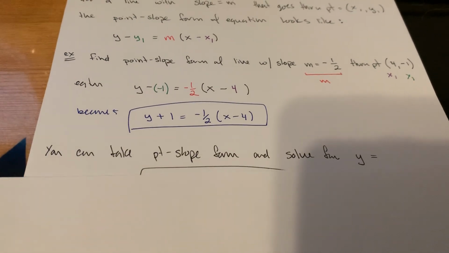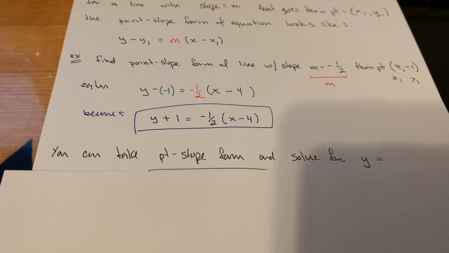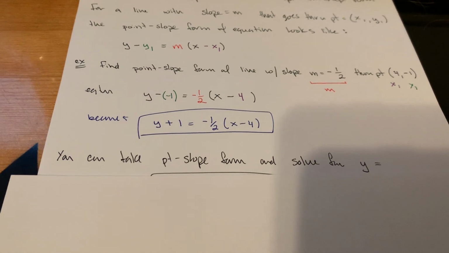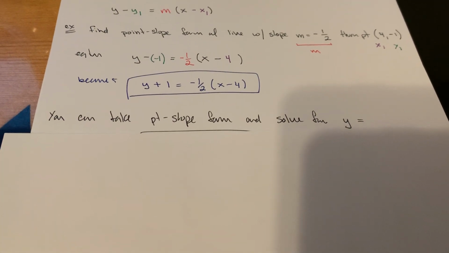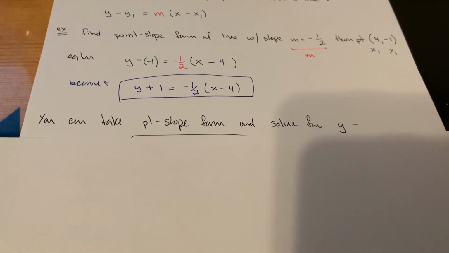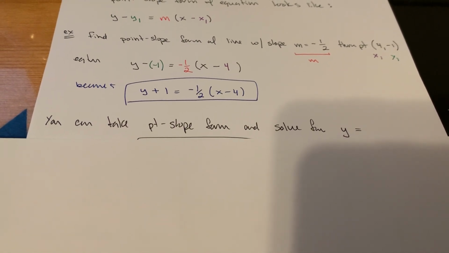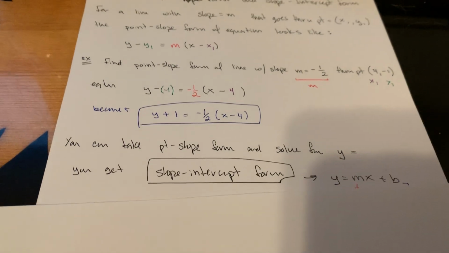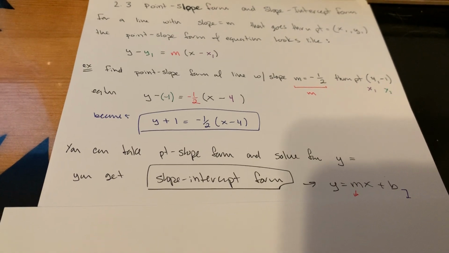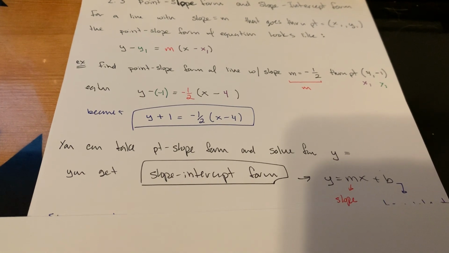Now, you can take that version and solve it for y. That's going to be, in some sense, what your intuition tells you to do. I think if you have an equation, you're going to want it to be y equals or x equals something. And that's going to give us the slope-intercept form.